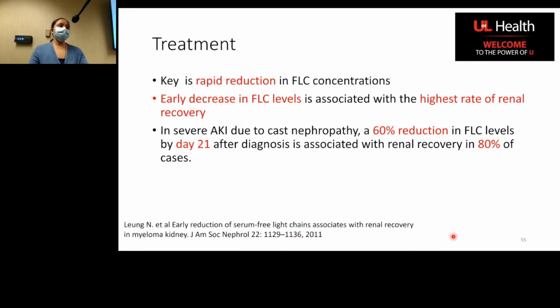Regardless, treatment is, the key is rapid reduction in the free light chains. And earlier we can reduce the free light chains, higher is the rate of renal recovery. Dr. Long has really studied this in severe AKI due to cast nephropathy. If the free light chains are reduced by 60% in the first 21 days, there can be 80% of renal recovery in these patients. Patients can come off dialysis as well.